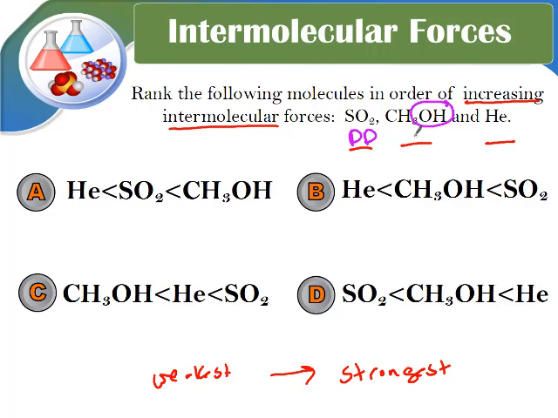It ends in OH, and it's a hydrocarbon, so that would be hydrogen bonding. And helium is a noble gas. All your noble gases are going to be LDF, or nonpolar. The weakest is going to be LDF, so C and D are out, because helium is our LDF. Hydrogen is going to be our strongest. So if you said A, you are correct.